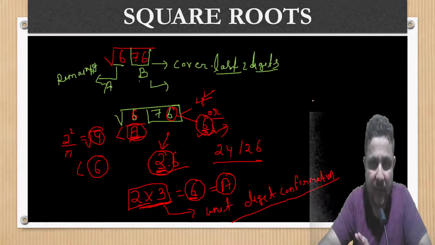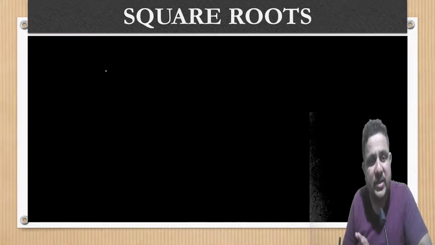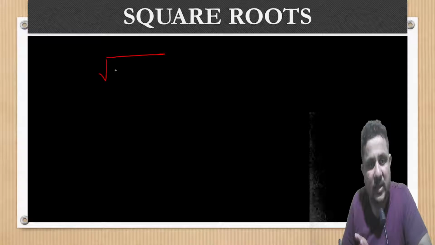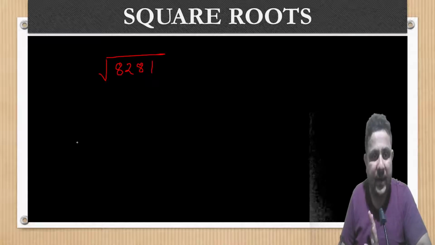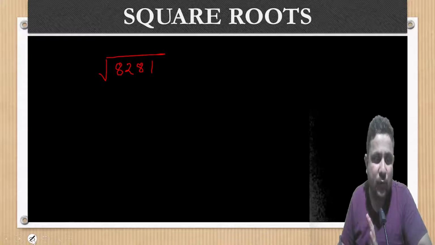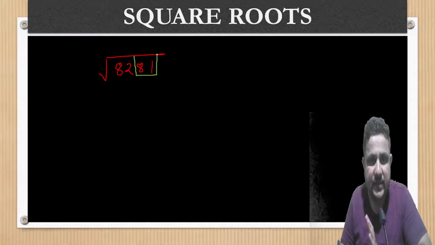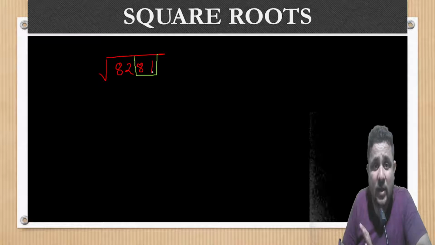I'll take some more examples. Suppose you want to calculate the square root of 8281. Perfect square, root of 8281. So as per our process, what we need to do? Cover last 2 digits. And in these last 2 digits, one digit is important, which is the unit digit.